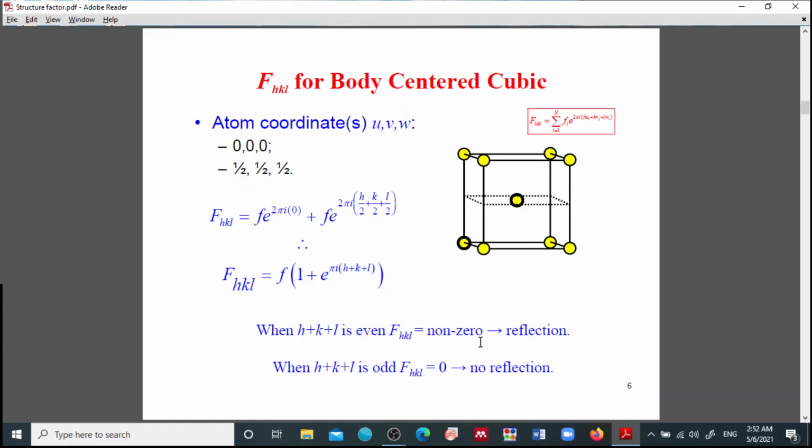So we can say about the conditions that all the crystallographic planes in a body-centered cubic structure for which the summation of these indices is even, they will reflect, they will diffract, right? And if it is odd, then they wouldn't.